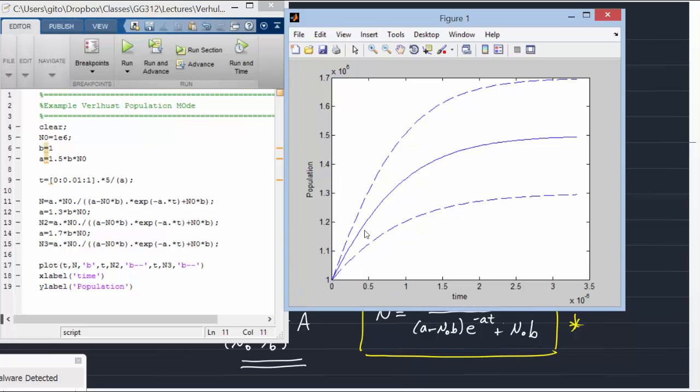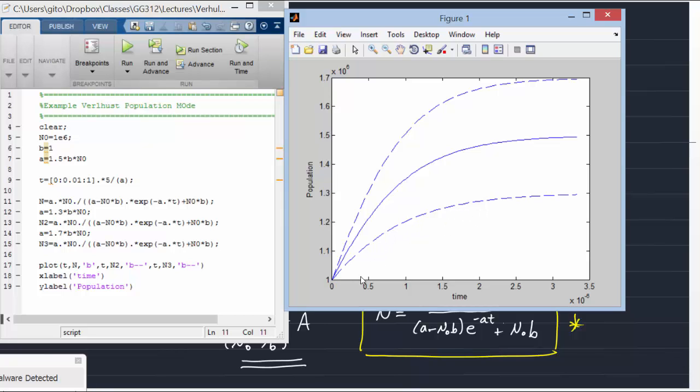And the solid curve is for a reference value of b relative to a. For a greater initial growth rate, we get this curve, and for a smaller initial growth rate, we get this curve.